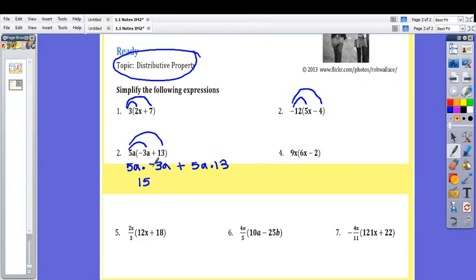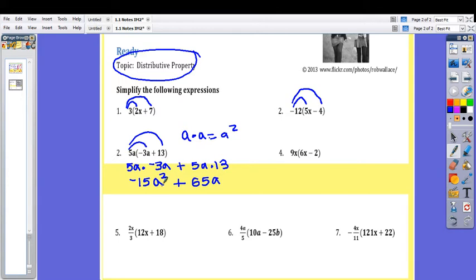Then positive times negative is a negative. Then a times a will be a squared. Okay? So it's not 2a, it's not just a, it will be a squared, and then 5 times 13, 65.